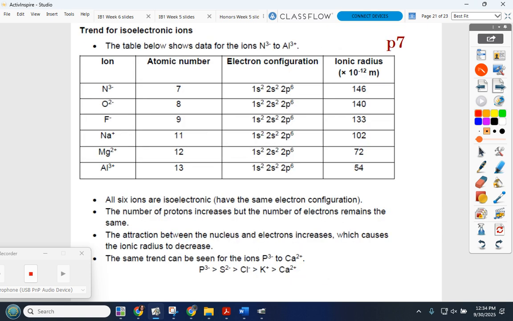So I think we talked about this in electron configurations, the concept of being isoelectronic, meaning you have the same electron configuration as another atom, even though it's a different element. Maybe we did not, but that's a term you should know. Iso means same, and it just means you have the same electron configuration.